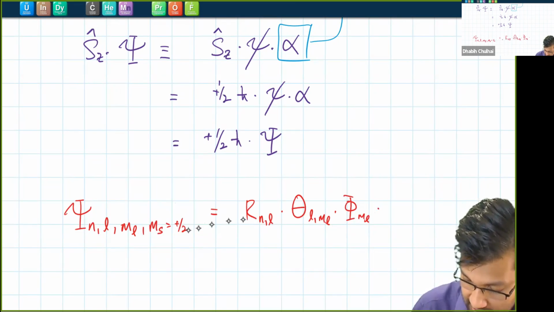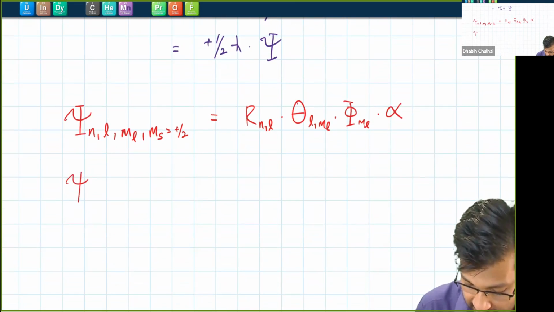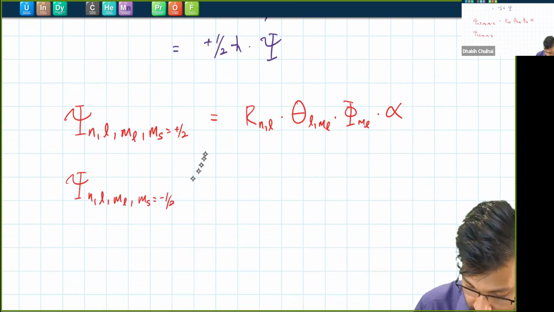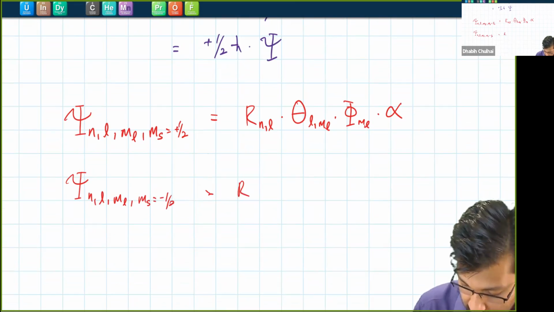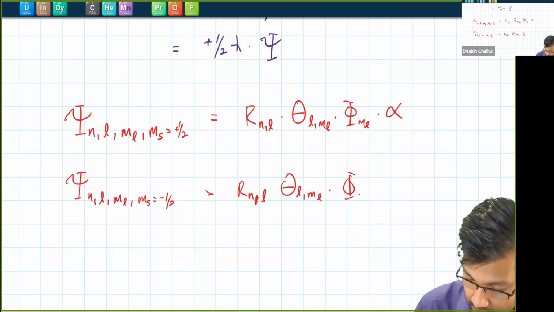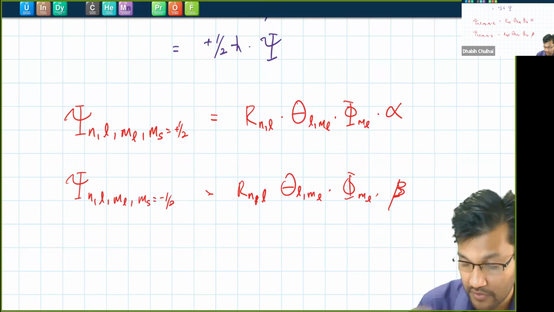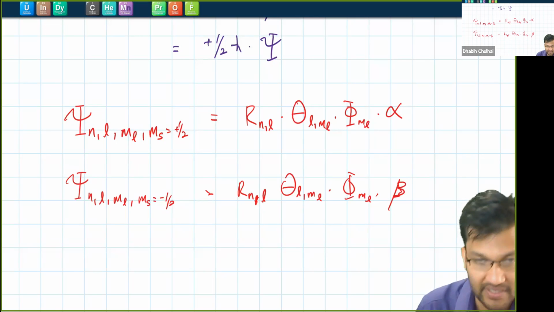And since it's plus a half, we'll multiply all of that by alpha. And if it's n, l, ml, and ms, but ms is negative a half, then it'll be the R part, the theta part, the phi part, times some symbolized function beta to represent ms equals negative half.